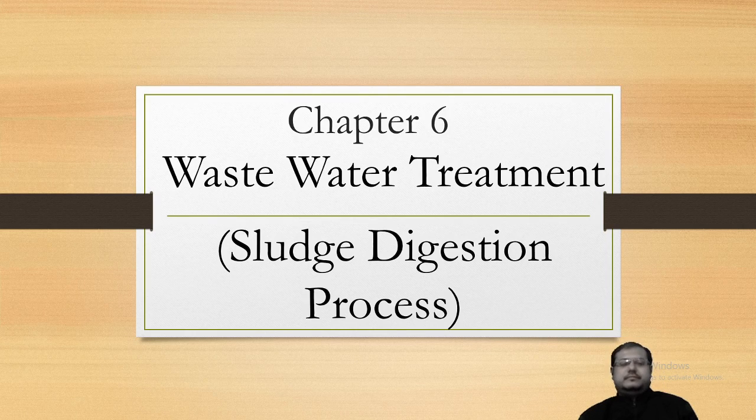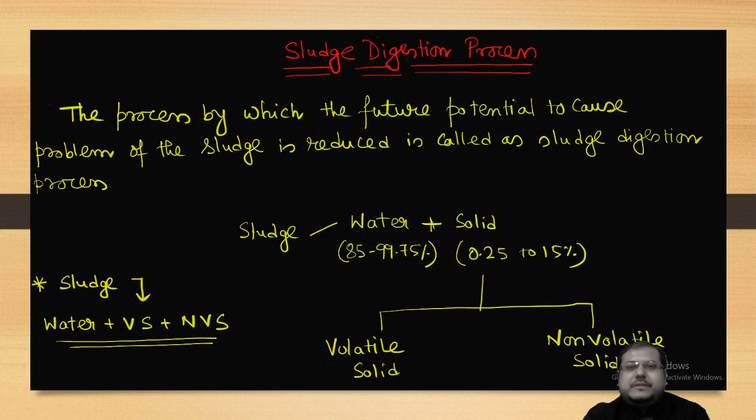What do we have to do? We have to dispose of the sludge only after ensuring that it will not create any kind of problem in future, and that is called the sludge digestion process.